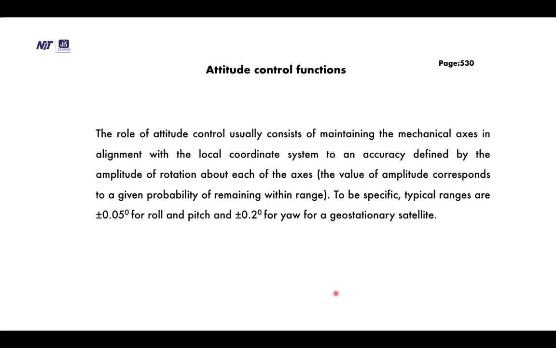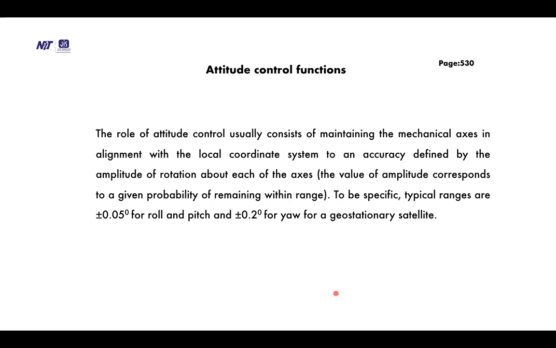Attitude control functions. The role of attitude control usually consists of maintaining the mechanical axis in alignment with the local coordinate system to an accuracy defined by the amplitude of rotation about each of the axes.